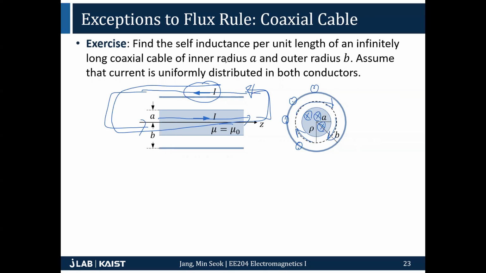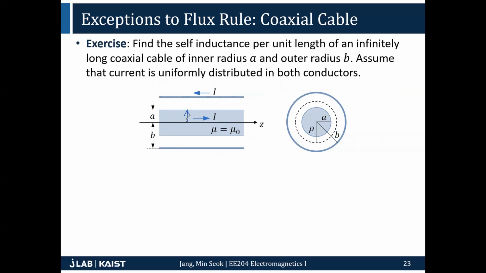The problem is, this part is fine. This part you have a well-defined path, but here your current is flowing in volume. So you cannot define your circuit area in a definite manner, right? There is again ambiguity here.